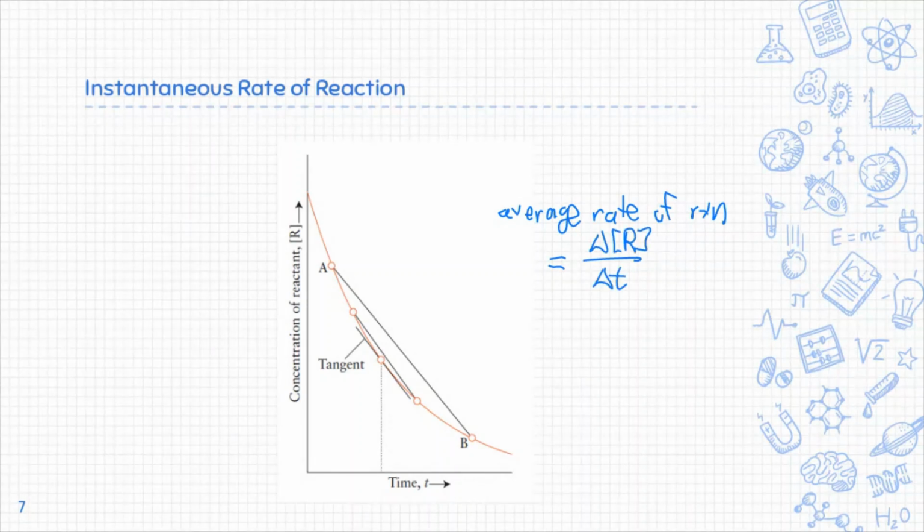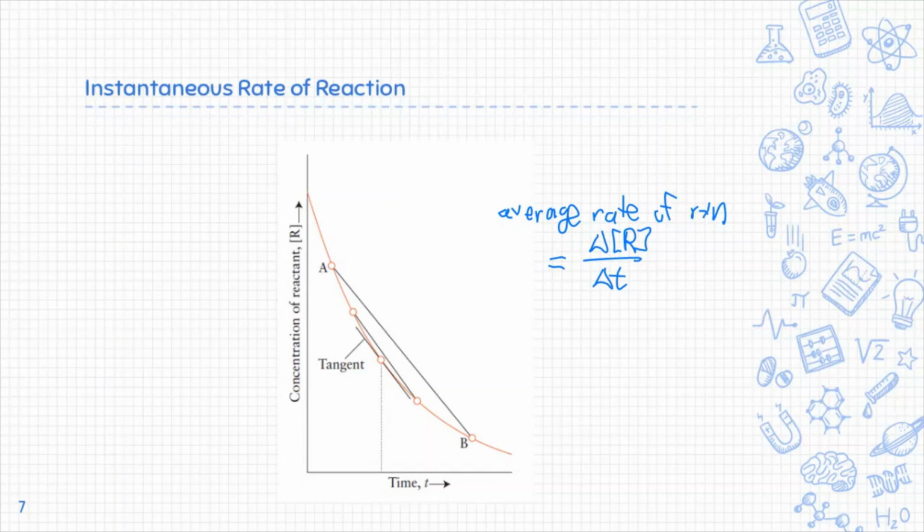But this is a curve, and a slope or a tangent can't really accurately predict what the rate is over this entire curve because it's the average.